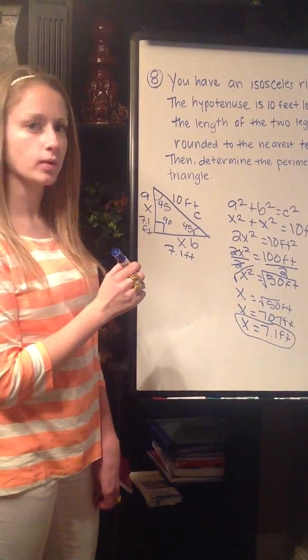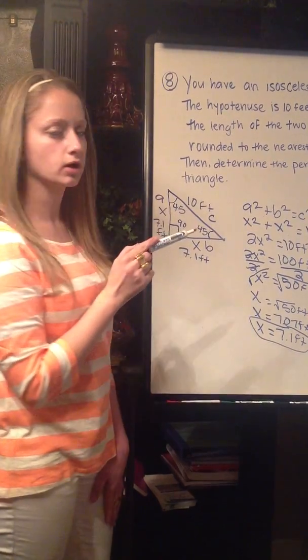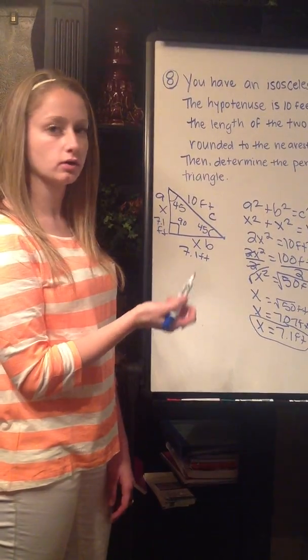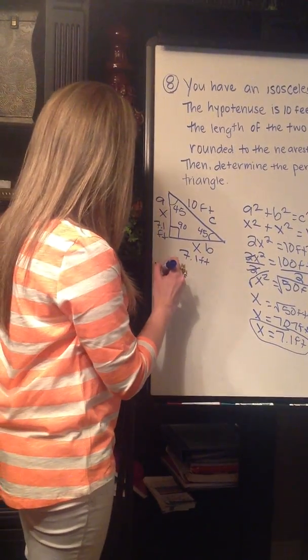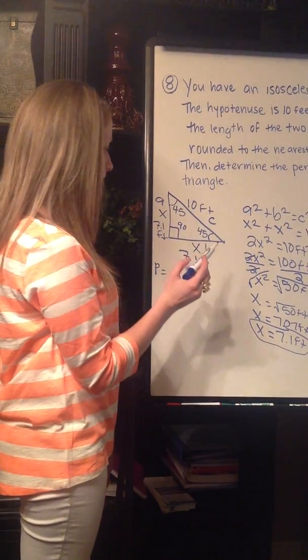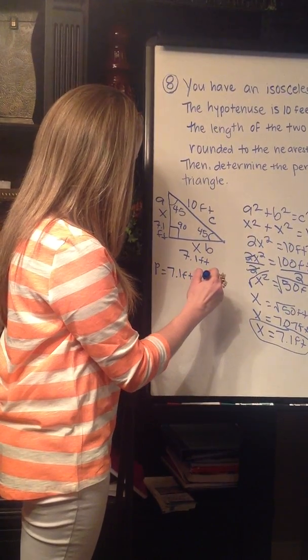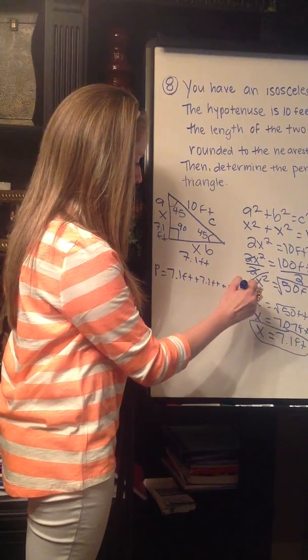Now the next part of our problem is telling us to determine the perimeter of the triangle. In solving for perimeter, we know that means add up all the sides. So P equals, when we add up all three sides of the triangle, 7.1 feet plus 7.1 plus 10 feet.